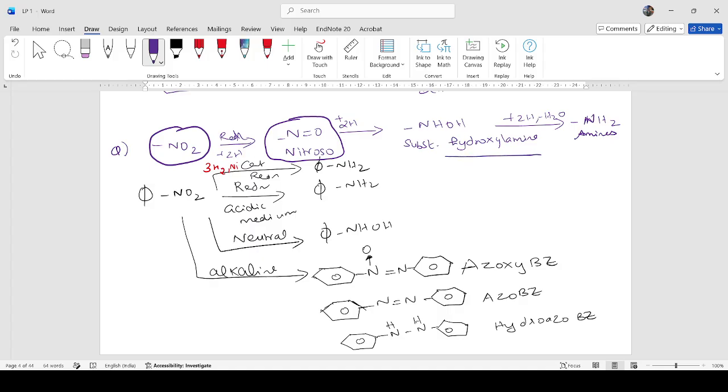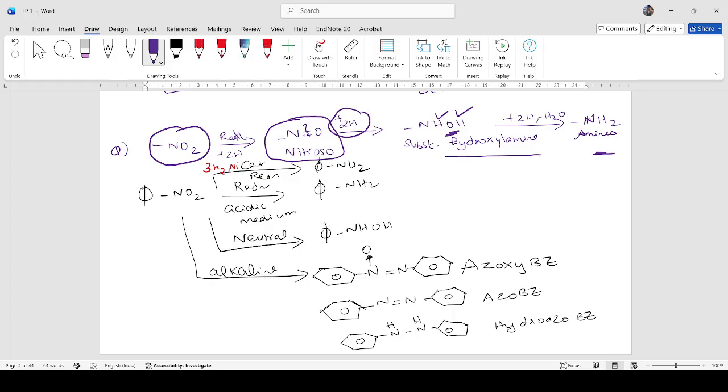You can see the double bond is broken and I'm just adding 2 hydrogens. Again, the reduction happens. The oxygen is removed, it becomes just amines. This is the sequence of the reductions of nitro groups. First reduction, nitroso, second reduction, hydroxylamine. The next reduction makes it amines here.